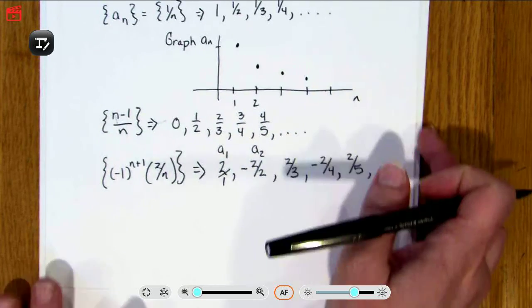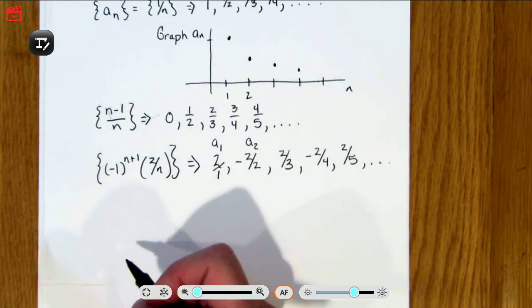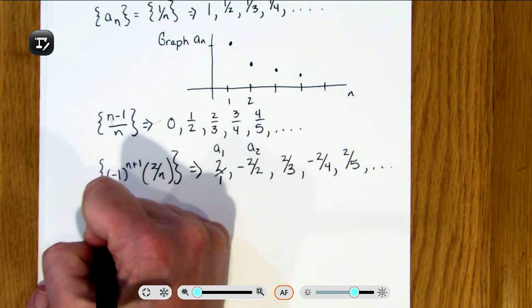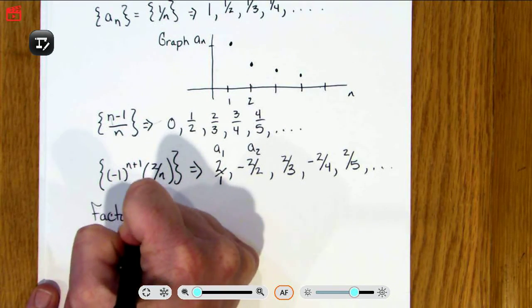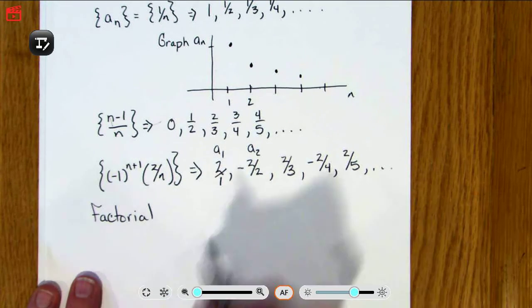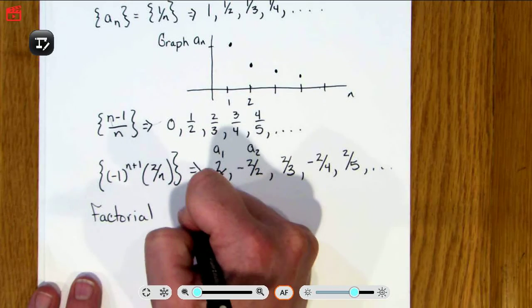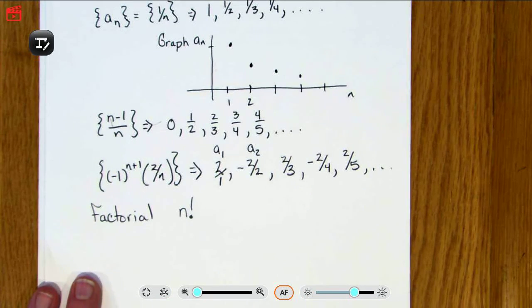Okay, something that shows up quite a bit in some of these sequences is something we call factorial. The notation for factorial is some sort of natural number with an exclamation point after it.